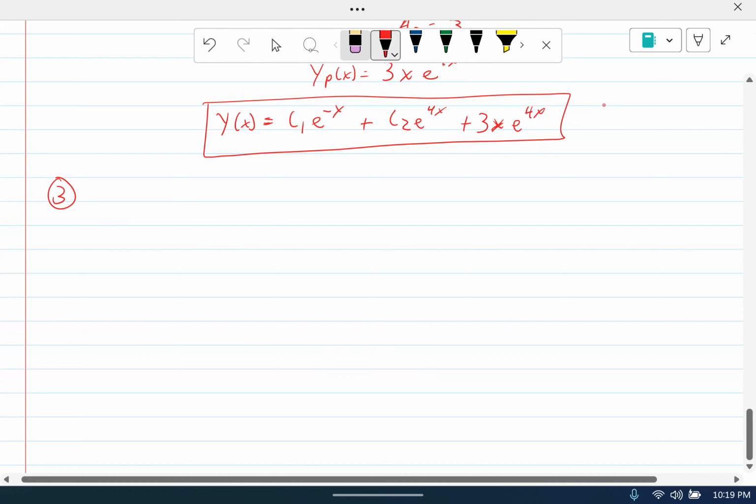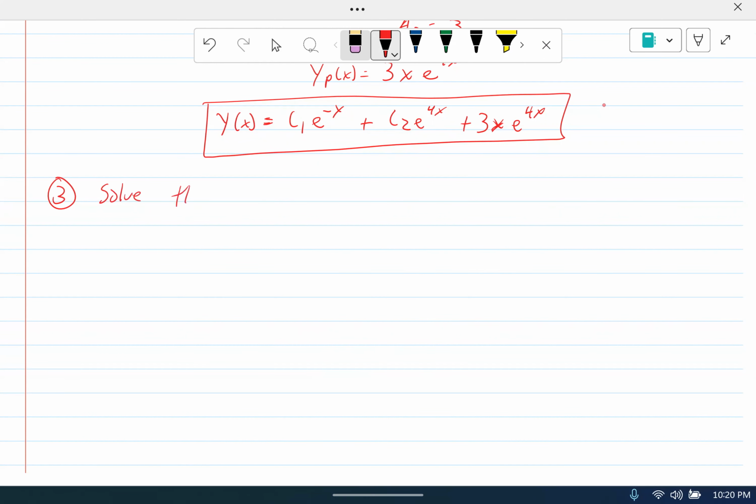Okay, solve the initial value problem. y double prime minus y prime minus 2y is equal to 10 sine x, where y of 0 is equal to 0, and y prime of 0 is equal to 1.